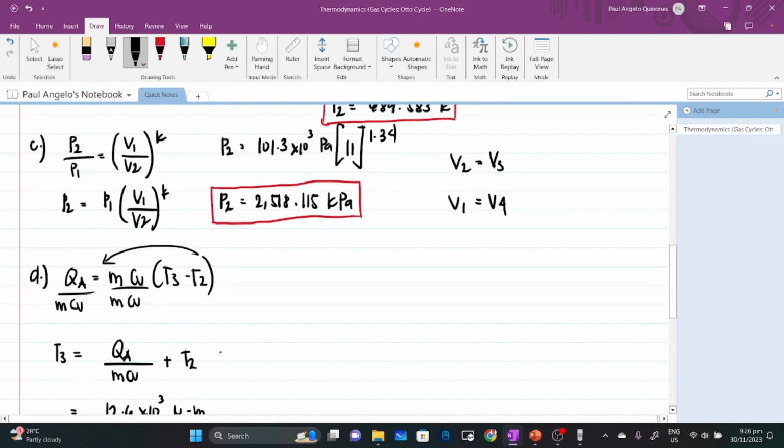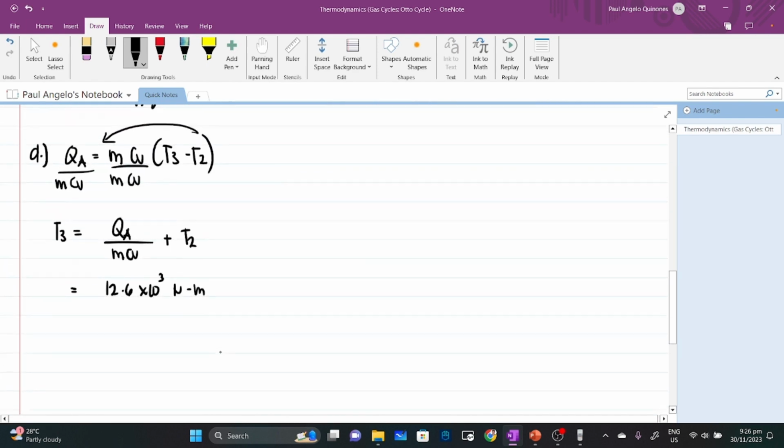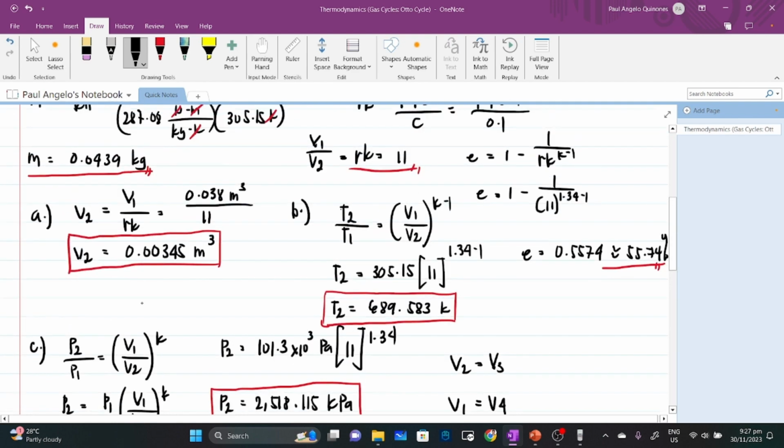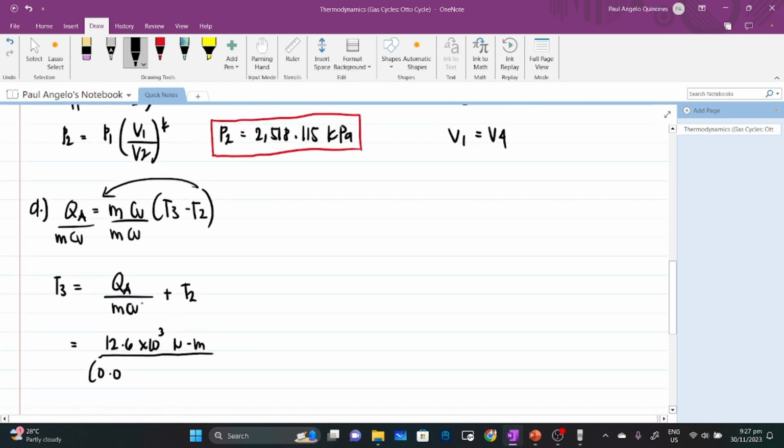So, let's double check. 12.6 kilojoules divided by the mass, which is 0.0439 kilograms, times Cv. We don't have Cv yet, but we can solve that using Cv is equal to R over k minus 1, wherein R is 287.08 divided by k minus 1, that is 1.34 minus 1.